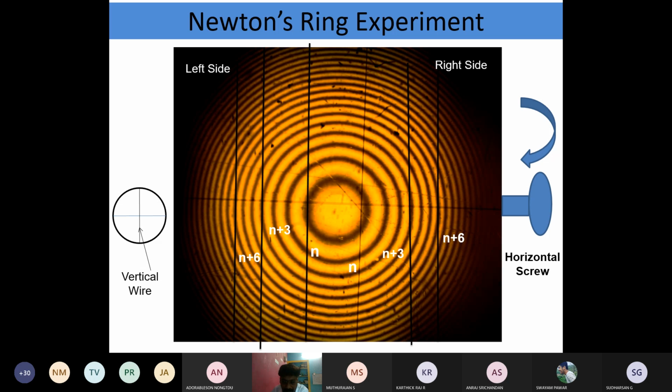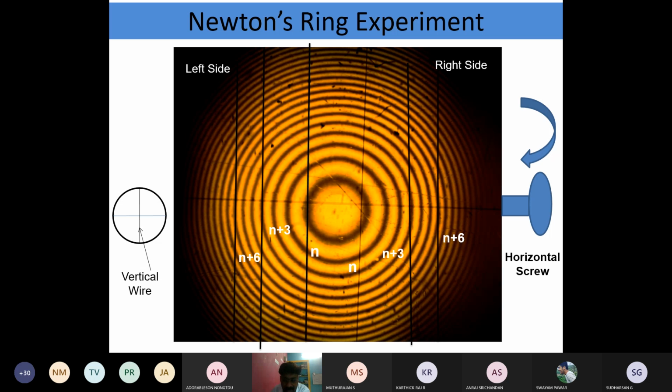When you rotate the horizontal screw, the scale value starts to change. Once you fix the wire at the exact corner of the first ring, take the value.